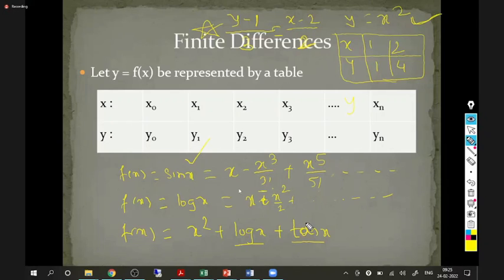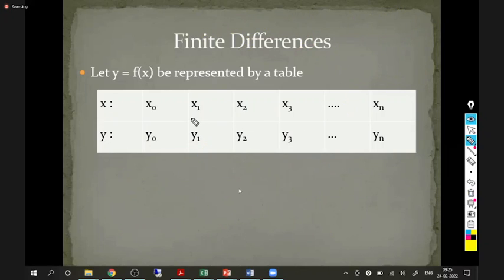Here, in finite differences, we are given values for each set of data. Suppose we are given n pairs of x, y. If we are given n pairs of x, y, we are going to approximate that data by a polynomial of degree n minus 1.